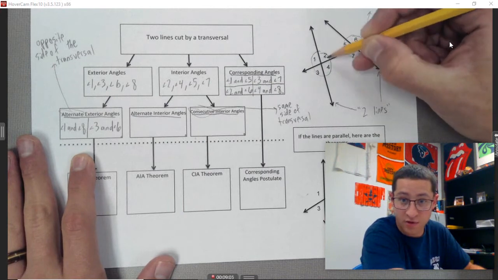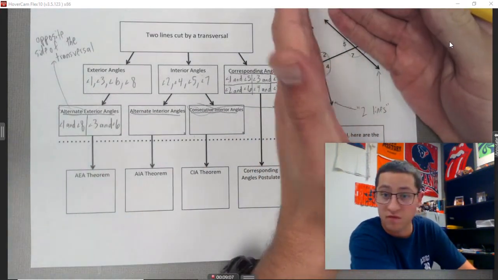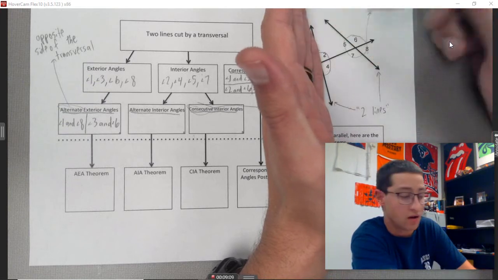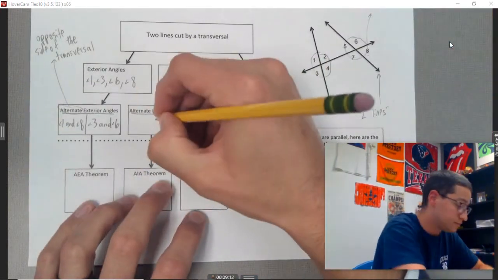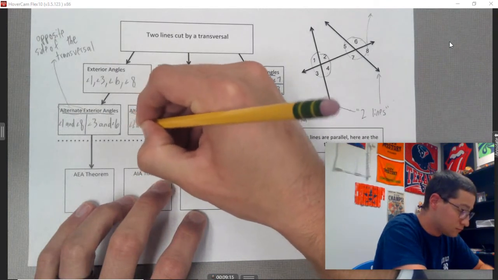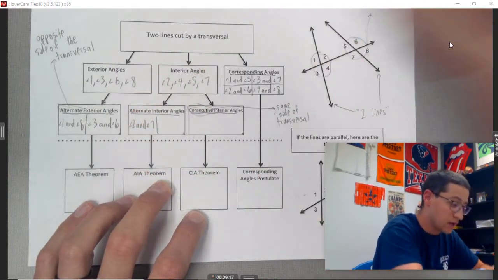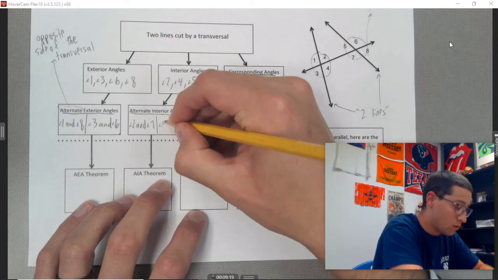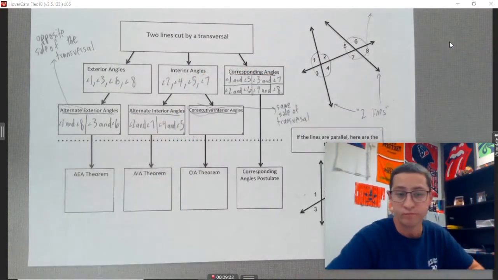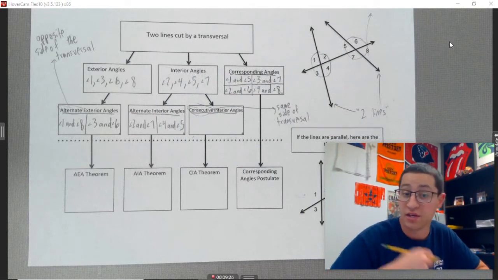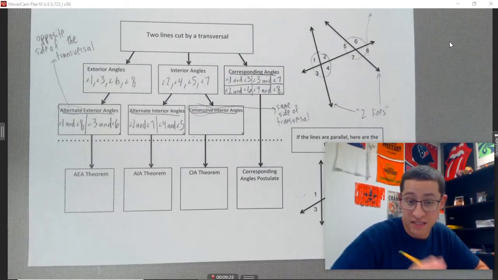They're both interior, everything you see there, and they are on the opposite side of the transversal. So 2 and 7. And then my other one is 4 and 5. Sweet.